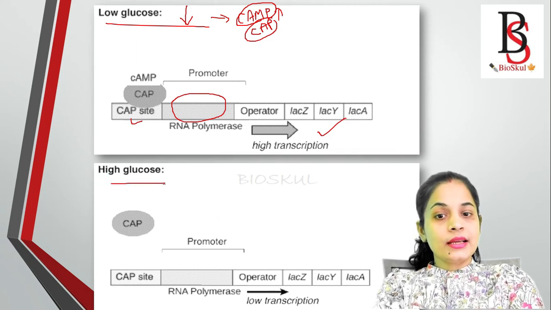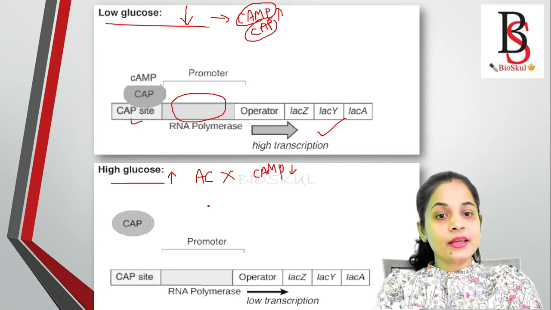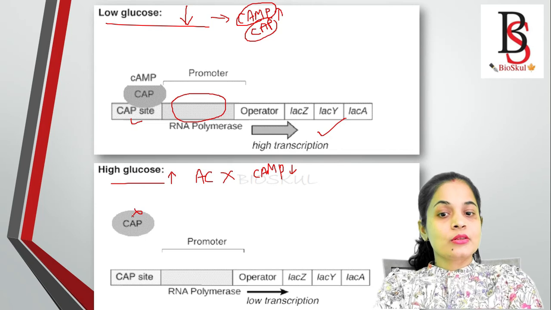Next we will see what happens if the glucose concentration is high. Then adenylyl cyclase will be inhibited. If the adenylyl cyclase is inhibited, then the cyclic AMP concentration will decrease. If there is no cyclic AMP, then the CAP protein will be in an inactive state, and the inactive CAP protein cannot bind to the CAP site.